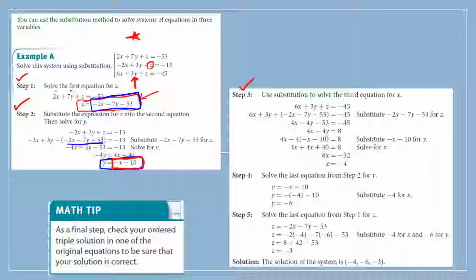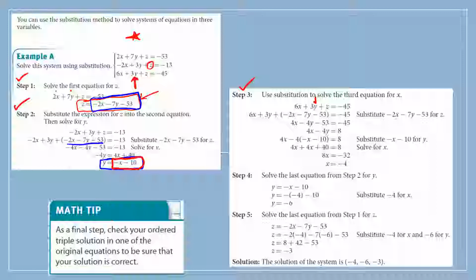So 6x plus 3y plus z equals negative 45.